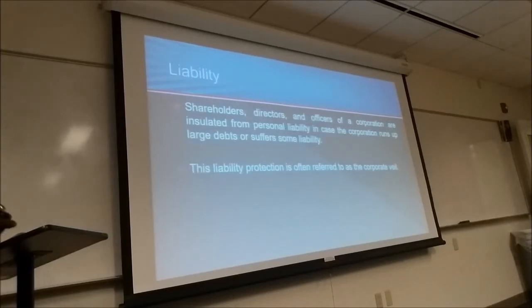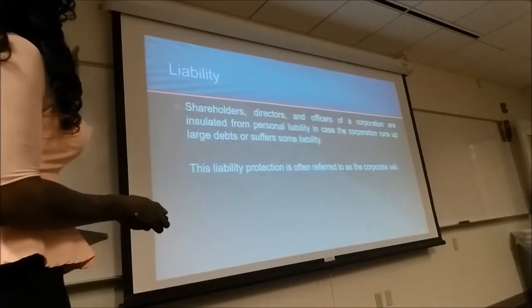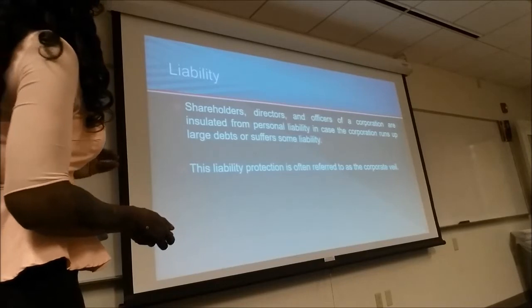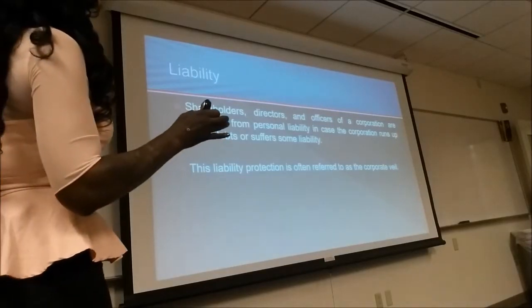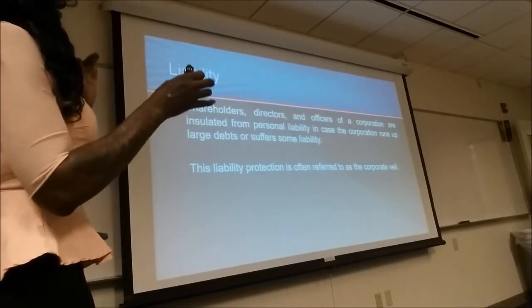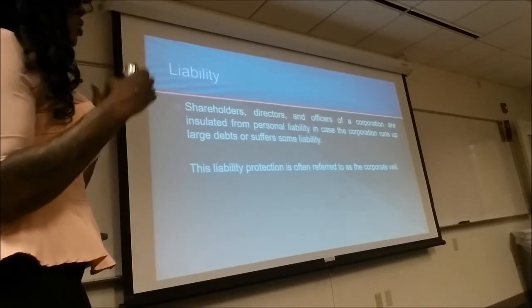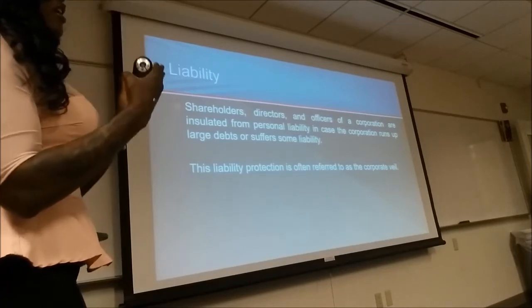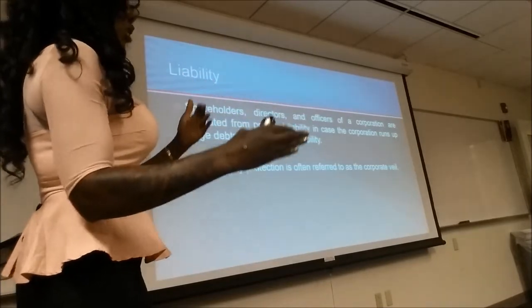And then this is the piece right here that is most important to me, the liability. The shareholders, directors, and officers of a corporation are insulated from personal liability in case the corporation runs up large debts or suffers some liability, i.e. a lawsuit. Now, when there is something shifty going on, there are a lot of people that just like to dodge being sued personally, so they'll incorporate a lot of entities and you don't know how to get to that particular person.